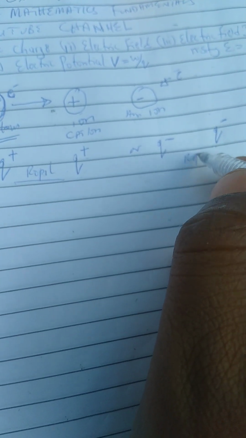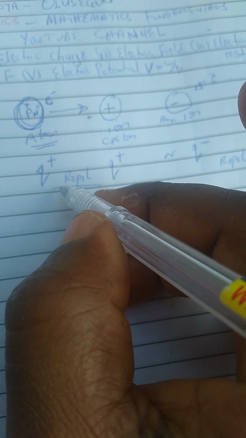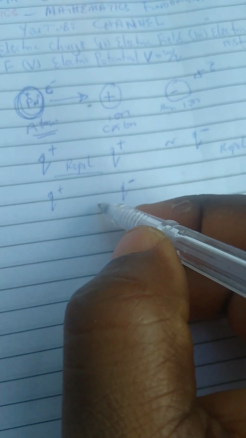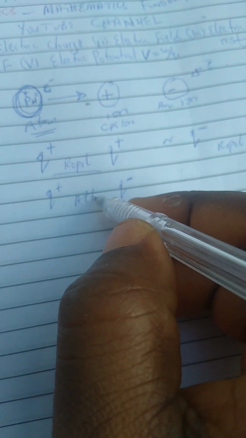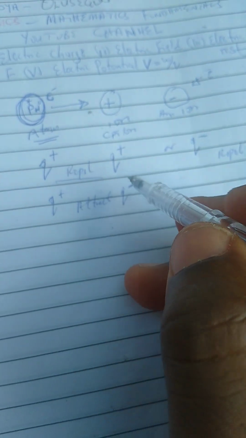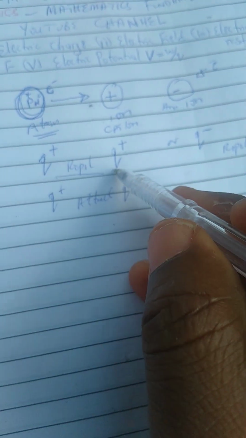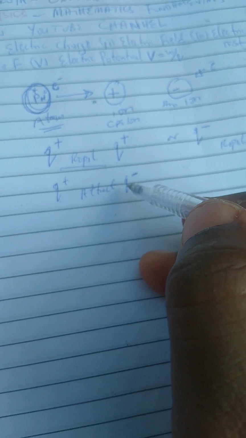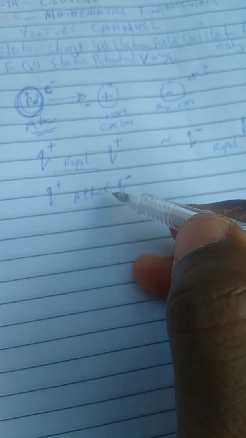So the first fundamental law of electricity is that like charges repel. But if this charge carries positive and this charge carries negative, they will attract each other. So the law says that like charges repel, unlike charges attract. So we should get that at the back of our mind.